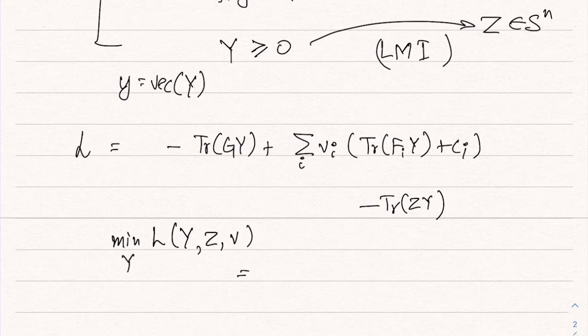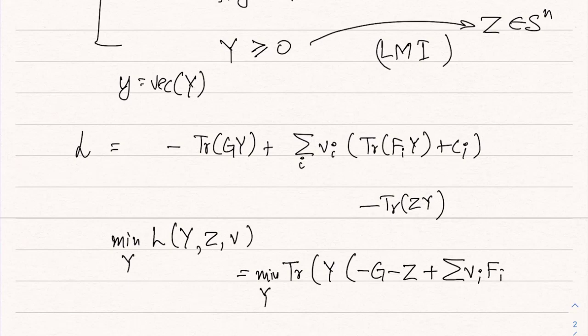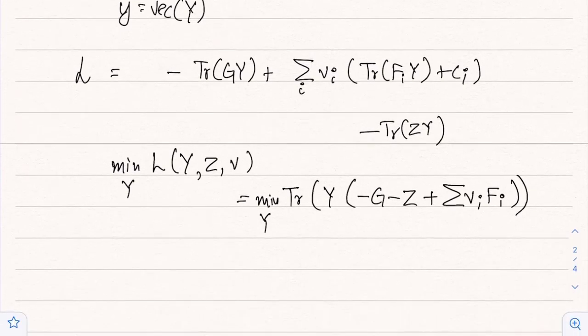Let's group together the appearances of Y. We obtain the trace of Y times (minus G minus Z plus summation of nu i Fi), plus the other terms which do not depend on Y, which are c transpose nu.